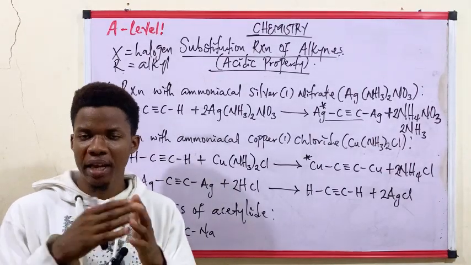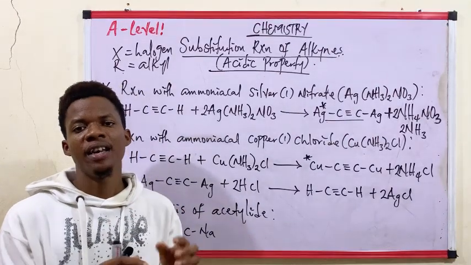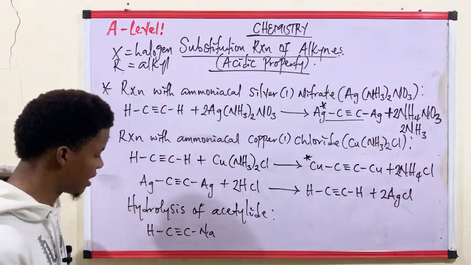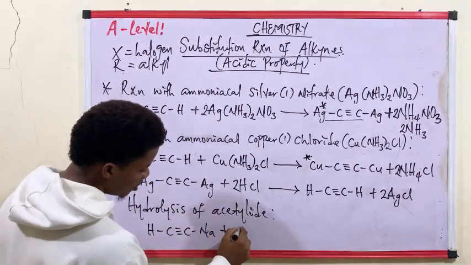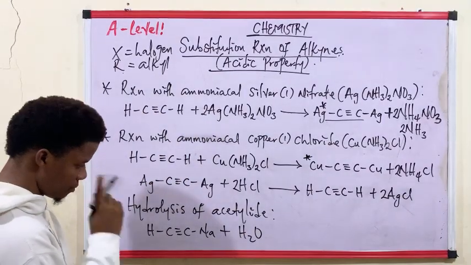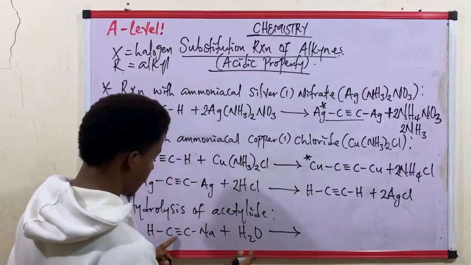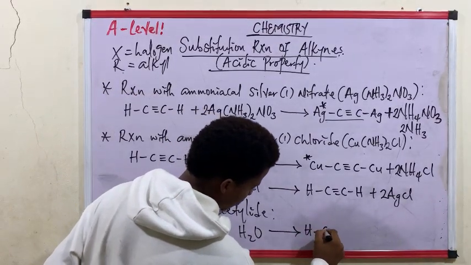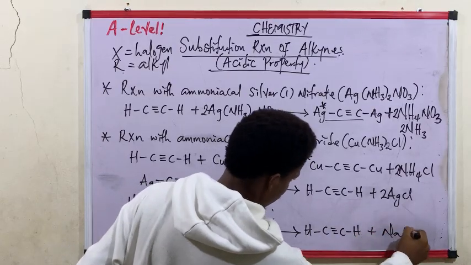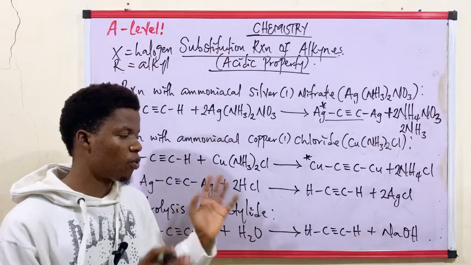It could be a metal. So as long as the acidic hydrogen in a terminal alkyne is replaced by a metal or any other group, it forms an acetylide. So when we carry out this hydrolysis, it's going to give us back our alkyne. So we're going to have this H like this. So this is what we have.